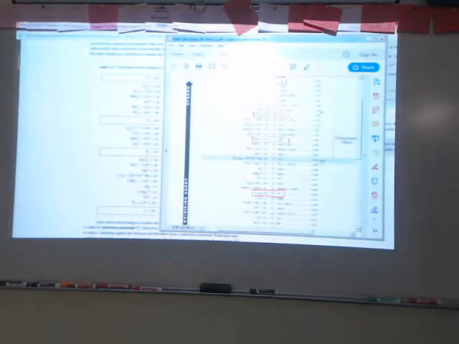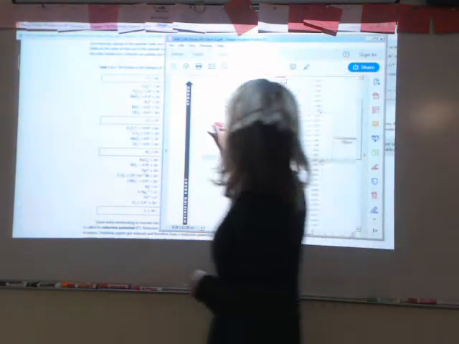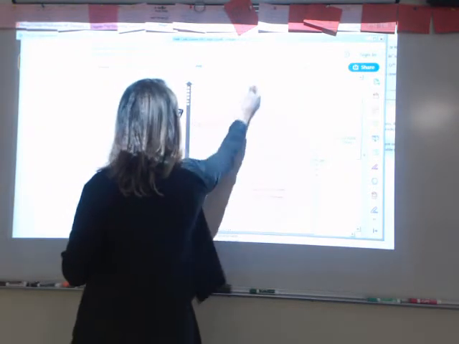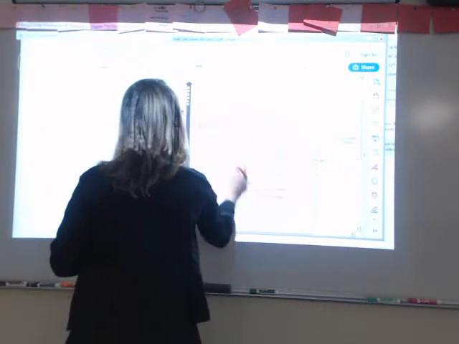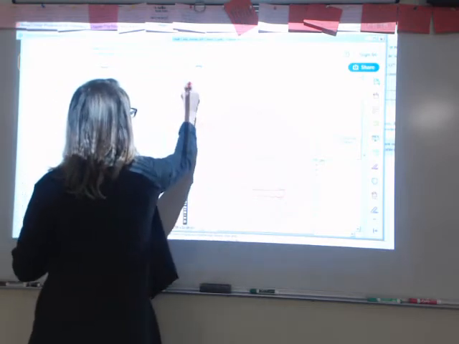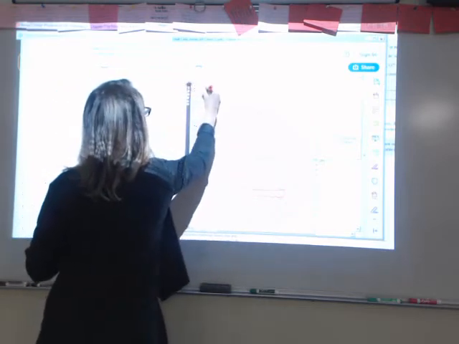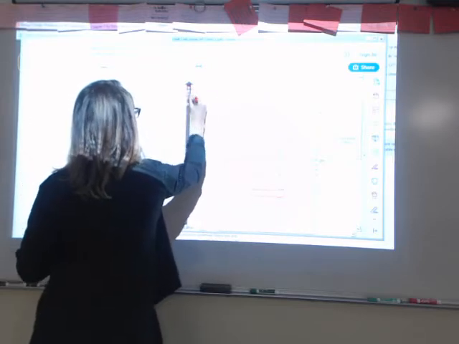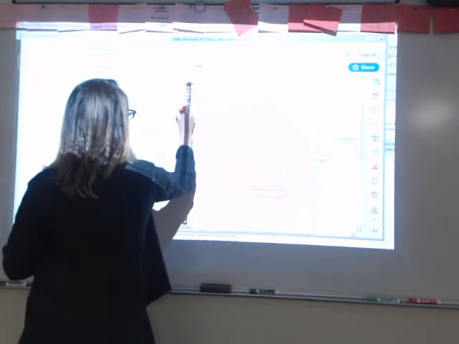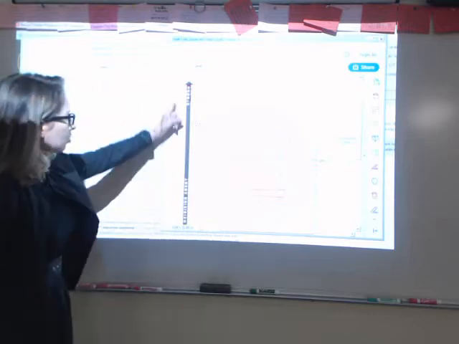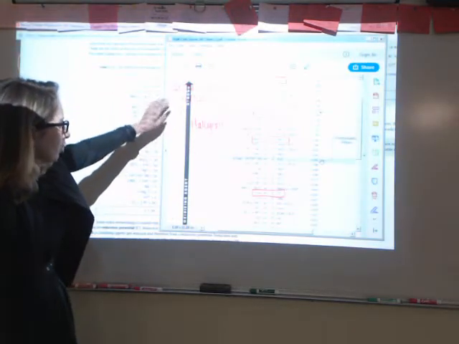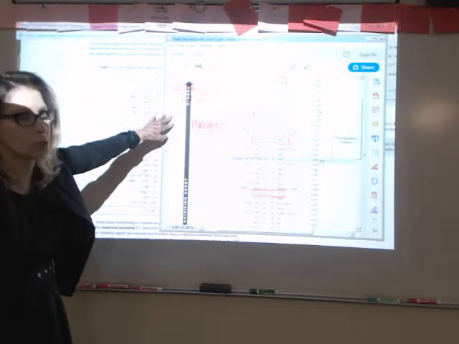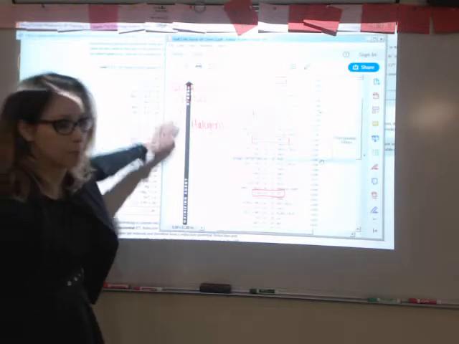Okay, so these are the halogens that I just labeled for you. And then your electronegativity increases in this direction, which is the same direction as an increase in the oxidizing agent strength. Okay.